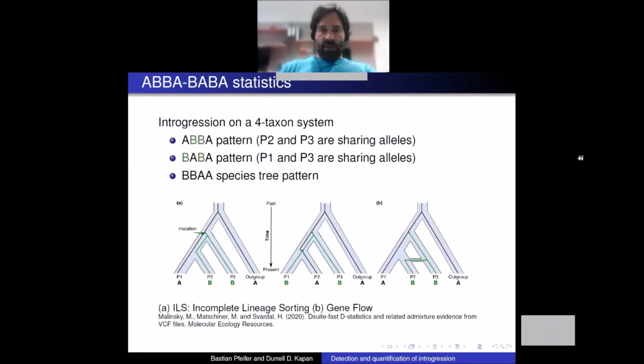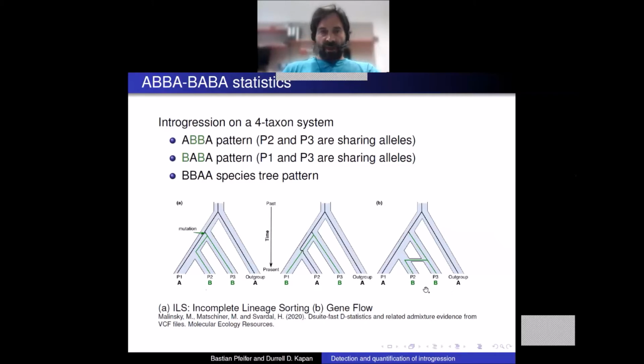So here we can see a species tree. And assuming we have an infinite sites model, then every mutation creates a single nucleotide polymorphism. In panel B is shown a typical example of introgression where population 3 and population 2 are sharing the mutant allele B, resulting in the overall pattern ABBA.